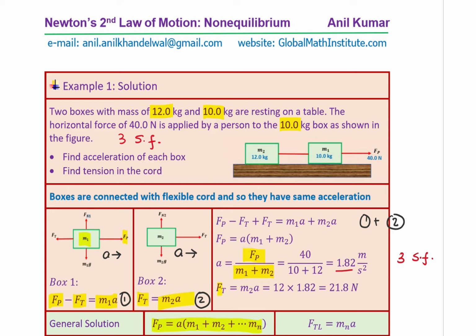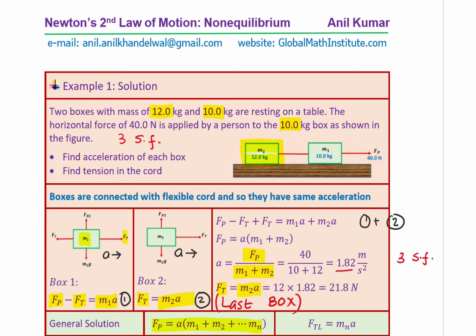Okay. Now what is the tension? To find the tension, we look at the last box, right? In this case, the last box is box number 2. Multiply its mass with the acceleration to find the tension, since that is the only force acting on it, right? So that is the tension.